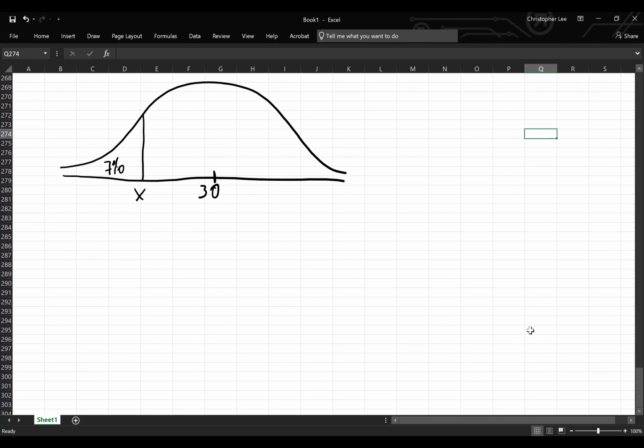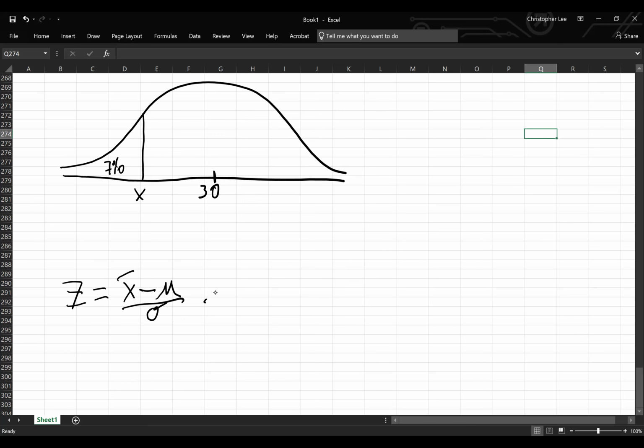Now I know you all know how to do this, all right? So I'm just gonna fly through this real quick. Let's take the z score that we have, right? This is x minus mu over sigma, all right? What I'm trying to say is I don't know what x is, but I can figure out the rest, right? So let's solve for x.